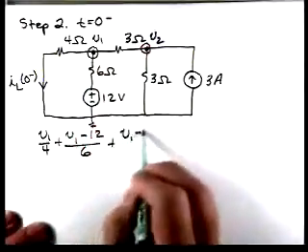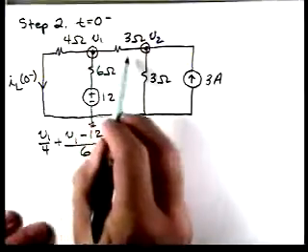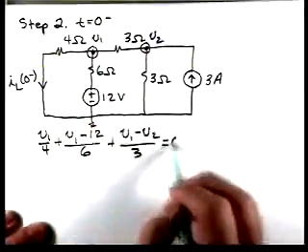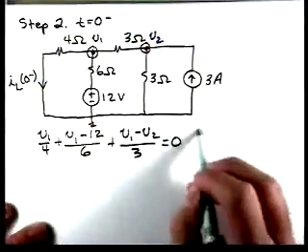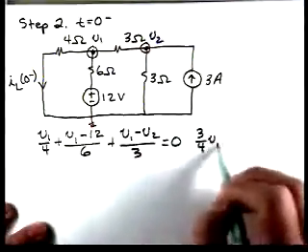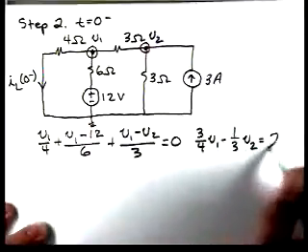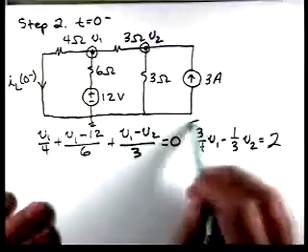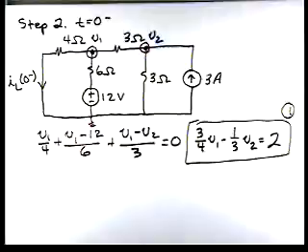And then V1 minus V2 over 3. That's the current flowing left to right. That's equal to 0. And we can simplify this equation to 3/4 V1 minus 1/3 V2 equal to 2. So here's one of our 2 equations that we'll need.